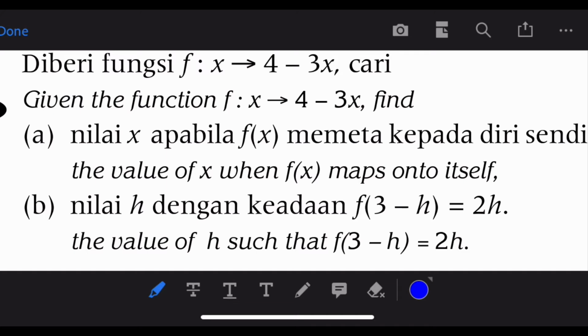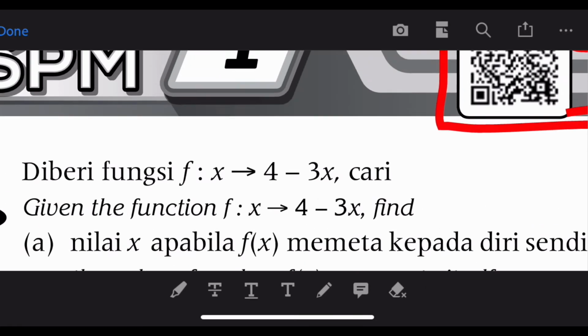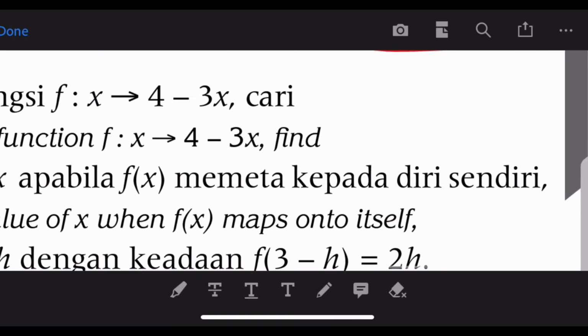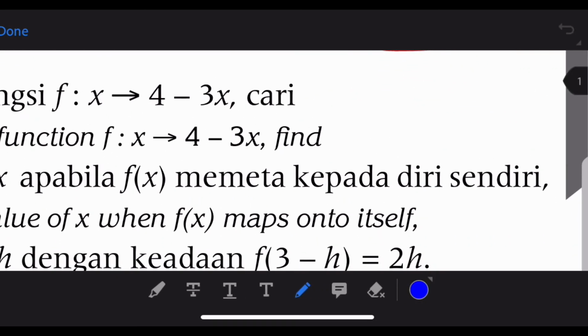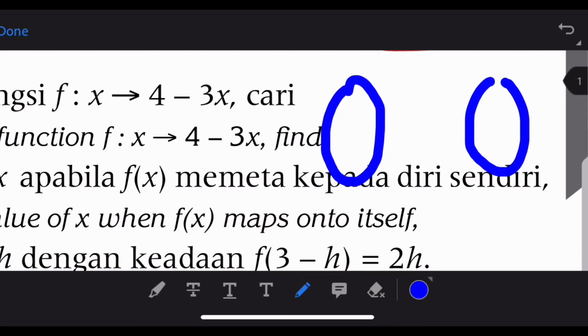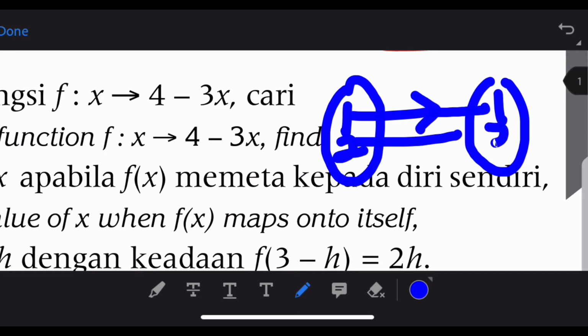Maps onto itself means that "itself" here refers to the object. So we have the function like this, an arrow diagram. If this is 1, it will map to 1. If this is 2, it will map to 2. Got it?